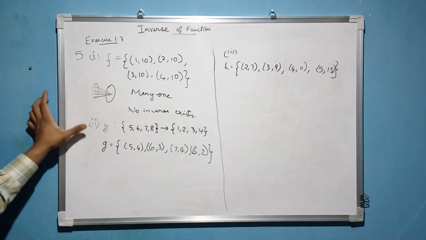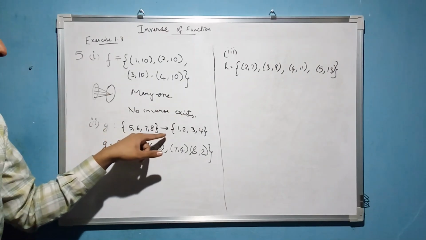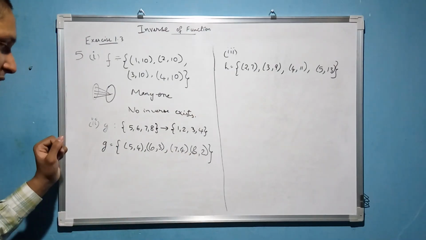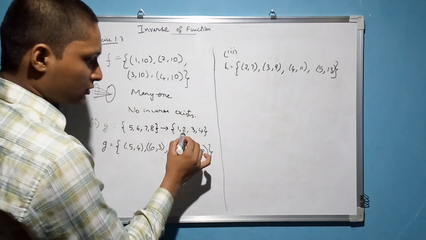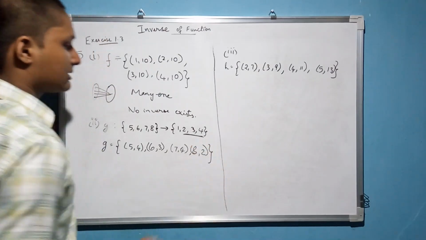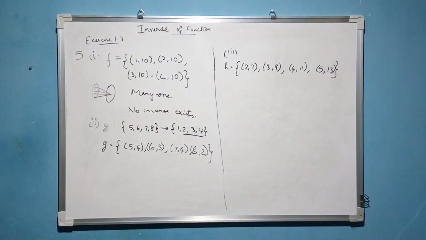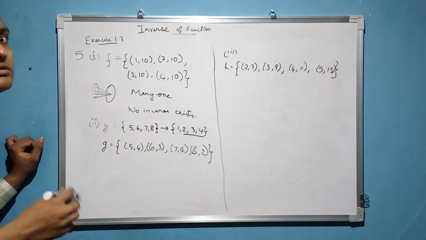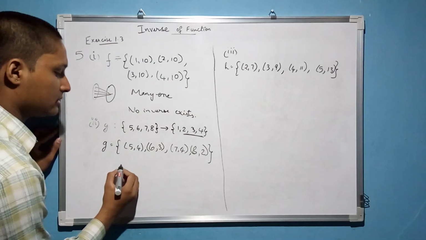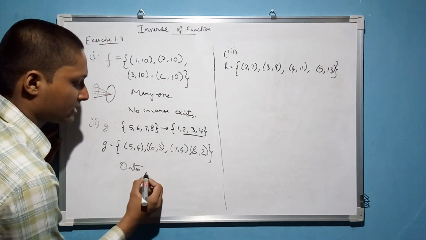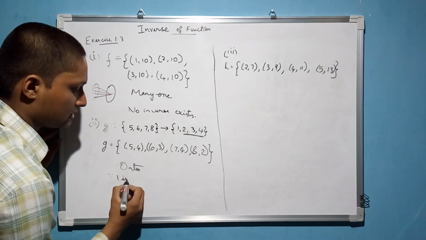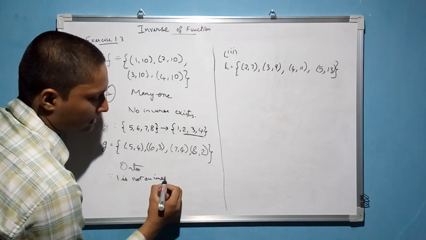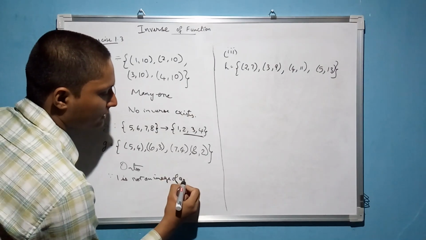So now we have the next one, g, that is 5, 6, 7, 8 to 2, 1, 2, 3, 4. Here 4, 3, 4, 2 are the images. That means only 2, 3, 4 are included among the images. So this becomes not an onto function, because 1 is not an image of any of them.